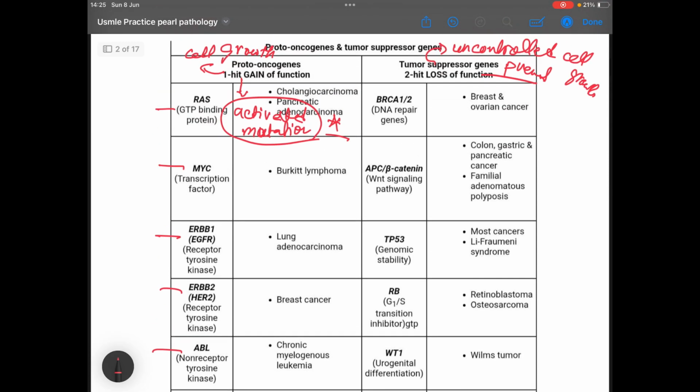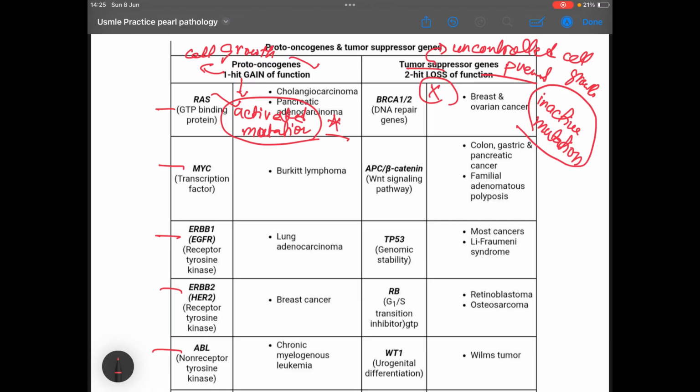And if the question mentions an inactivating mutation, these genes are not working, so uncontrolled cell growth happens and causes cancer. With an activating mutation, there is overexpression of proto-oncogenes, which increases cellular growth and contributes to cancer.